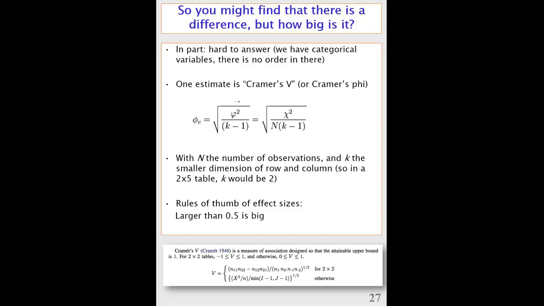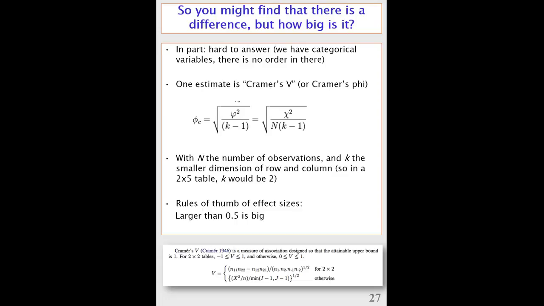So if chi-squared gets bigger, then the effect size gets bigger, that is something you could expect. However, what you should take into account is that if you have a really big table where you square lots and lots of differences, then it's also obvious that you get a bigger number. So you should somehow compensate for how many of these squared differences you have added up.